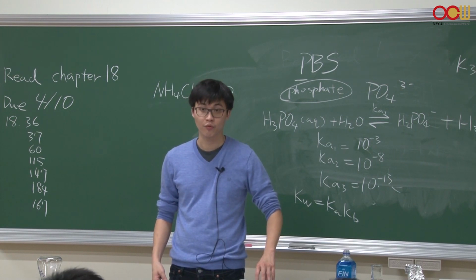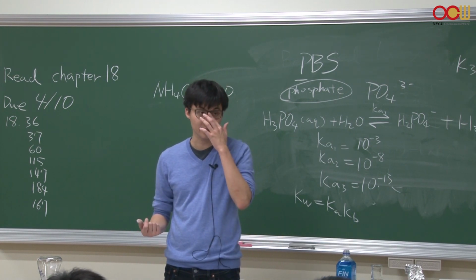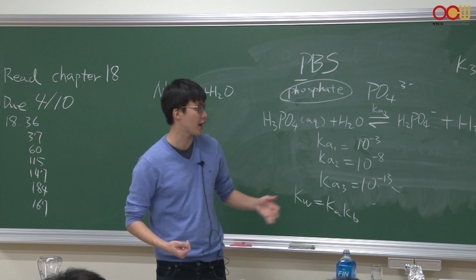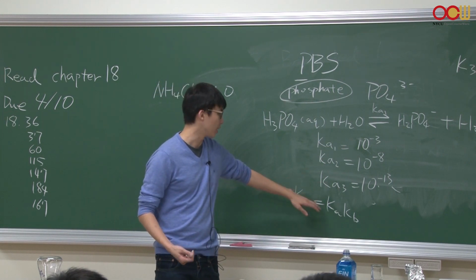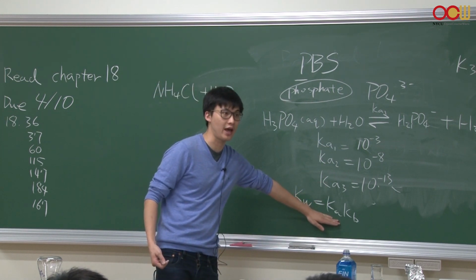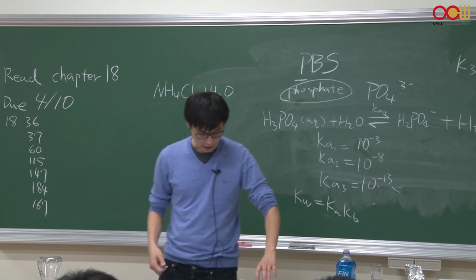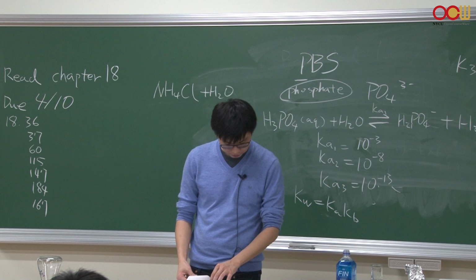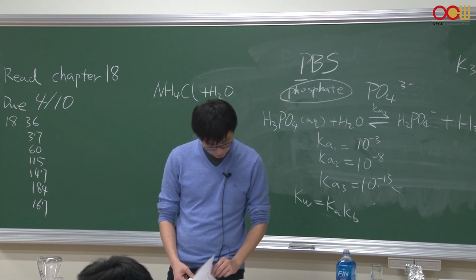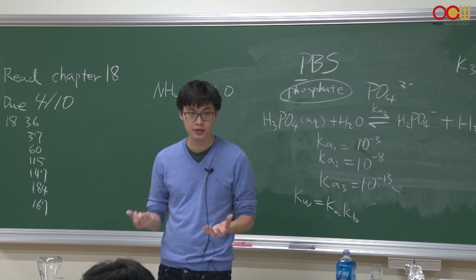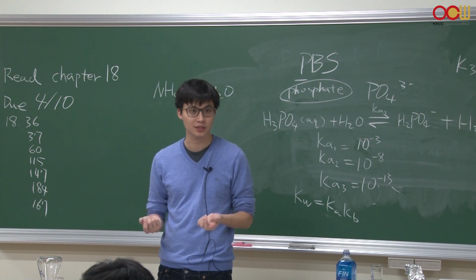When we're talking about whether it's an acid or a base, when I calculate these constants, if Ka is larger than Kb, that means it's an acidic compound. The definition for Kb can be found in the book. I won't go into detail, but Kb looks at how much hydroxide ion you're generating in your system.